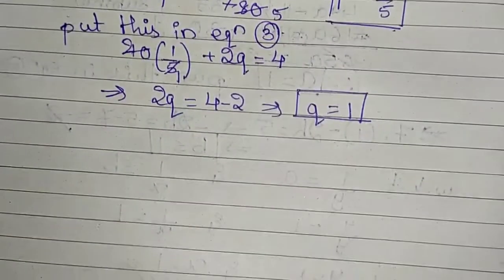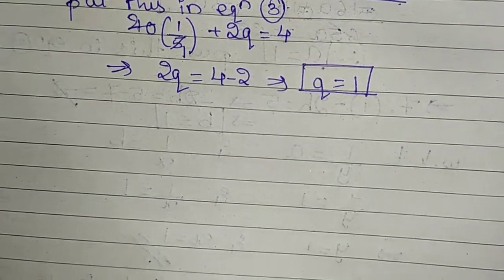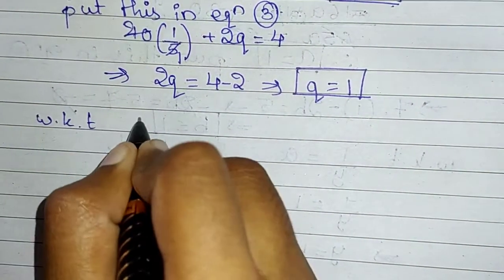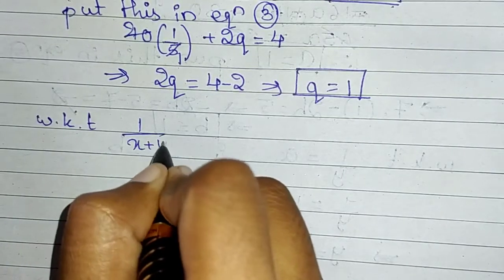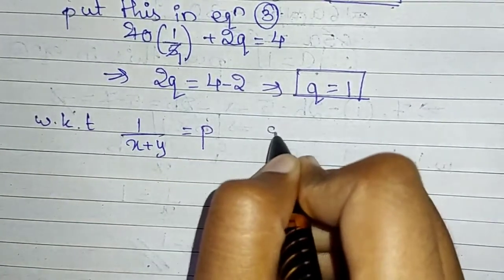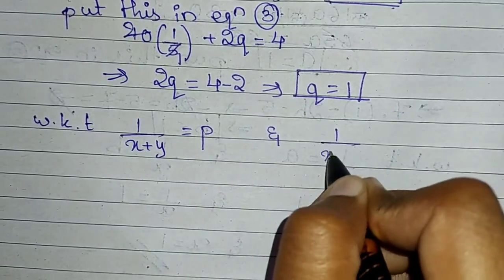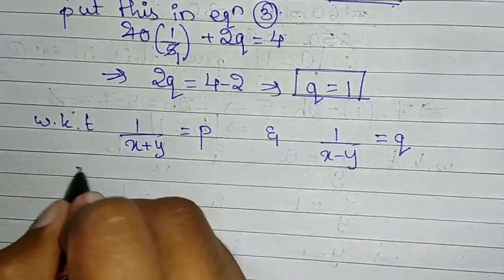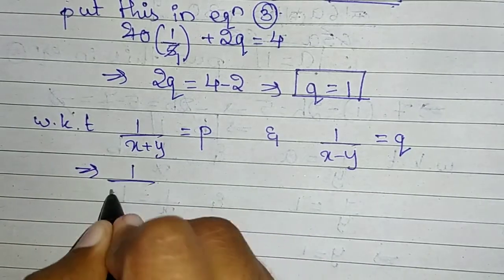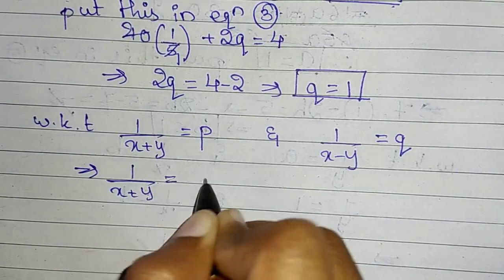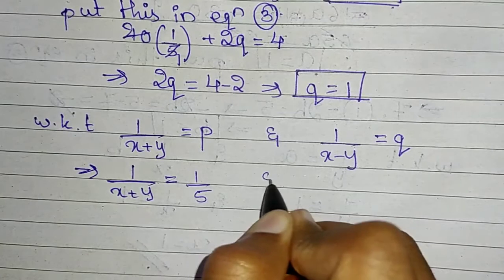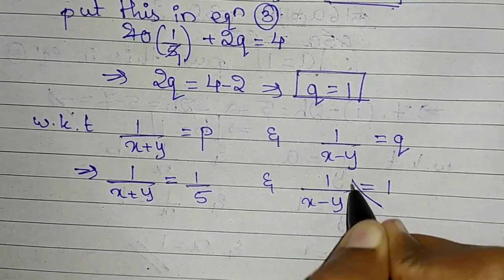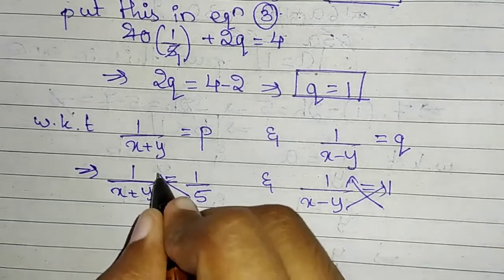So now to find the values of x and y, we know that 1 by x plus y is equal to p and 1 by x minus y is equal to q. So we found the values. 1 by x plus y is equal to 1 by 5 and 1 by x minus y is equal to 1. Cross multiply them.